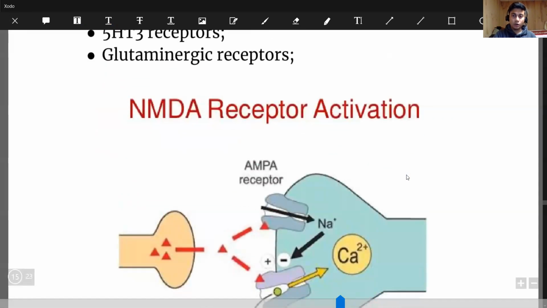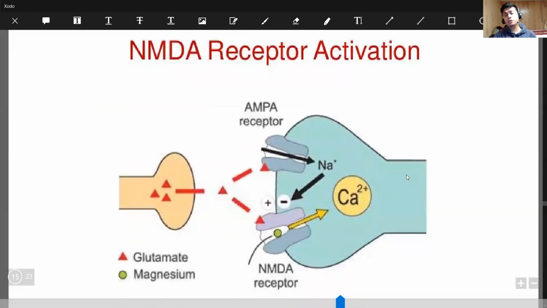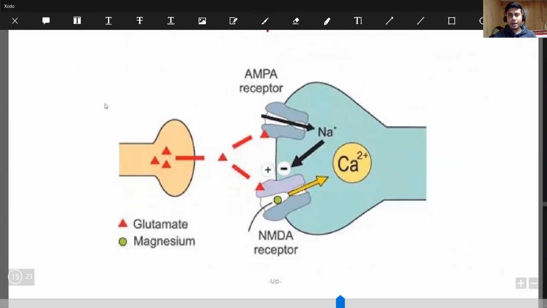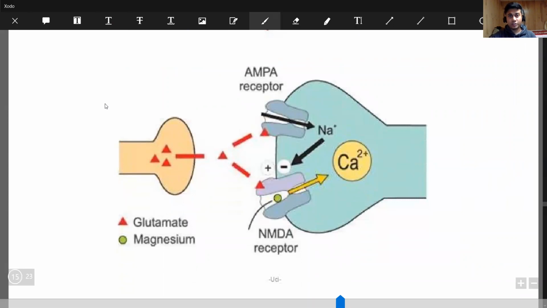Now, how glutamate works is kind of interesting. We know that glutamate has an excitatory function. It is a neurotransmitter, so glutamate is released from the nerve ending.